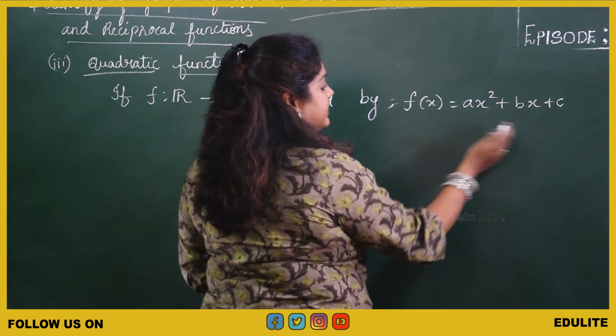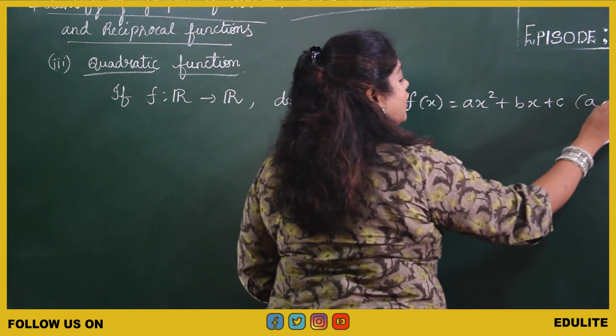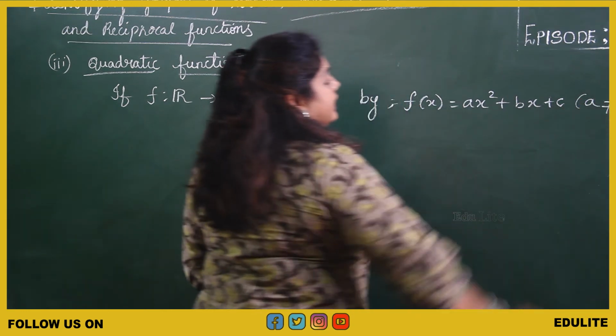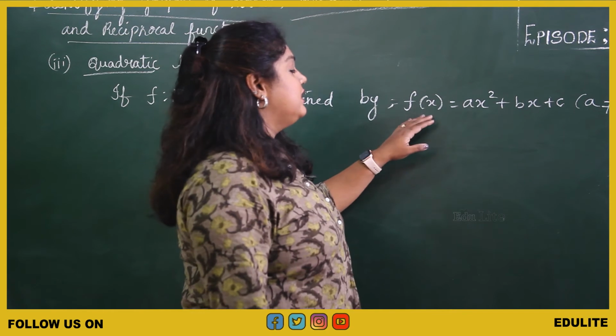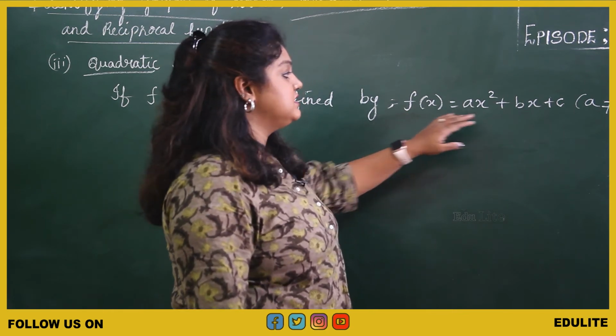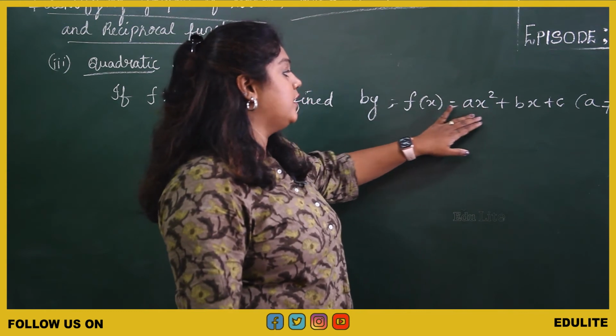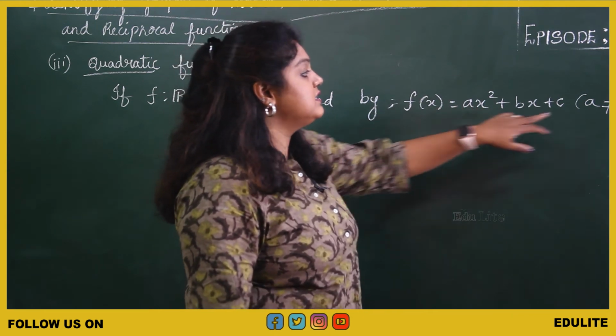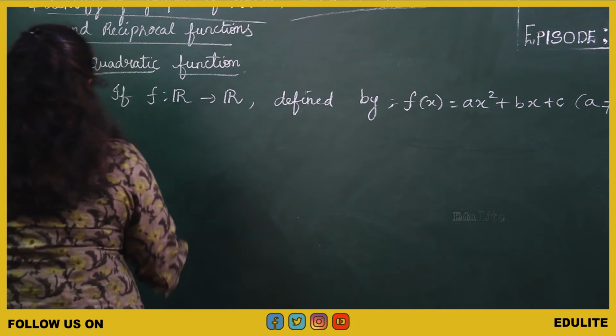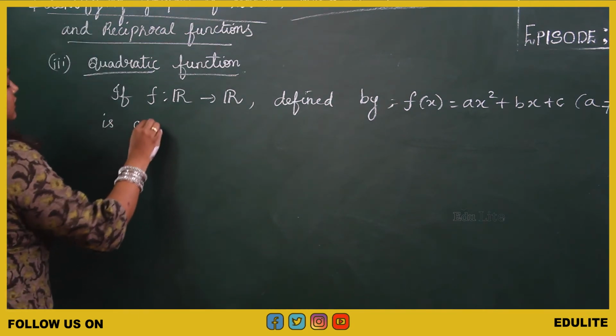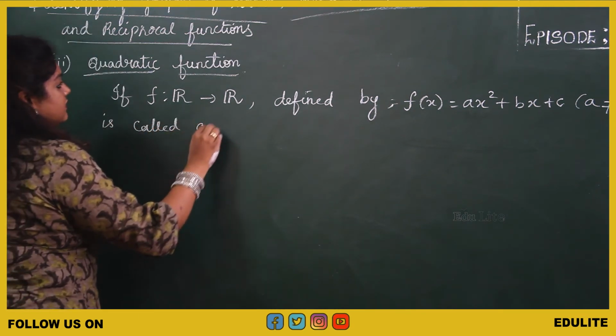In this relation, the a value should not be equal to 0. If it becomes 0, the remaining relation will be f of x is equal to bx plus c, which will become a linear function, which is not possible. So a shouldn't be equal to 0; this is called a quadratic function.